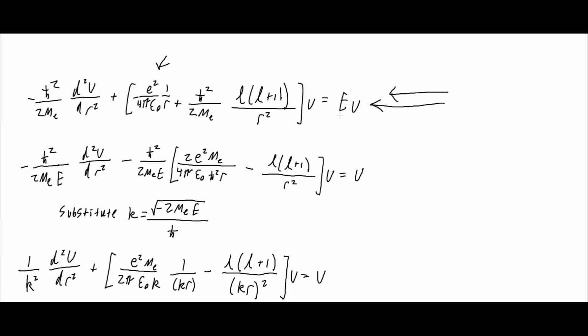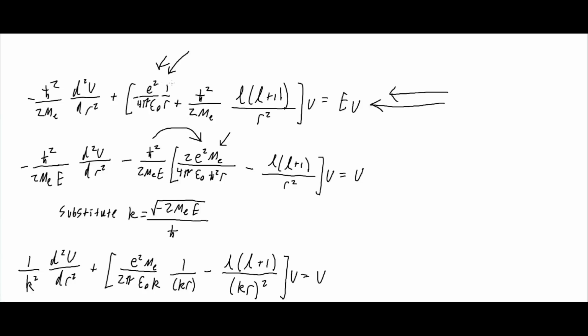So the first thing that happens is we factor out this h bar squared over 2m_e, and we see that the potential term here doesn't have that, so we actually have to put a 2m_e over h bar squared into it, in order for it, if we distribute it back in, to just end up being equal to 1.